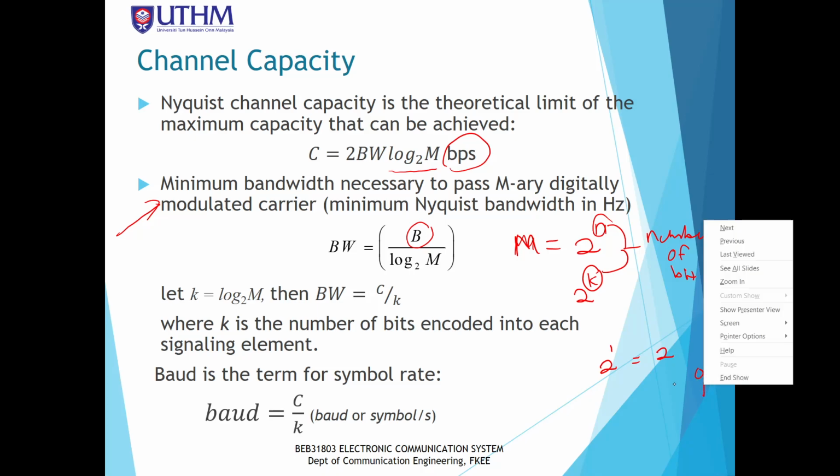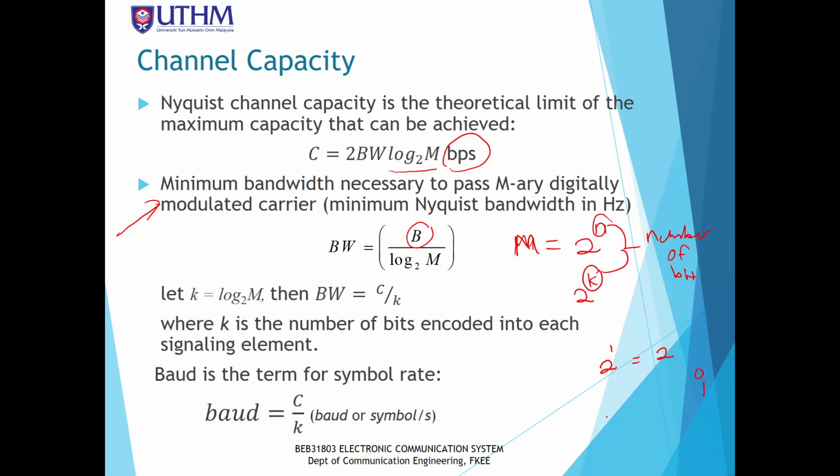If you use 2 bits, that means 2 power of 2, so you have 4 symbols, M equal to 4. The 4 symbols are 00, 01, 10, 11. Similarly if you use 3 bits, you have 2 power of 3, that means you're going to have 8 symbols.